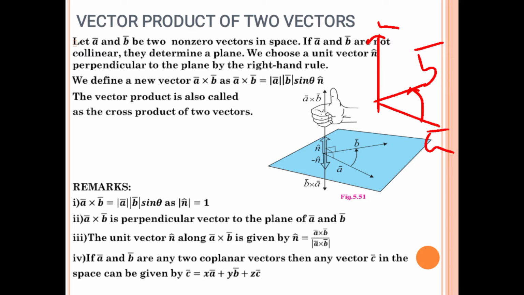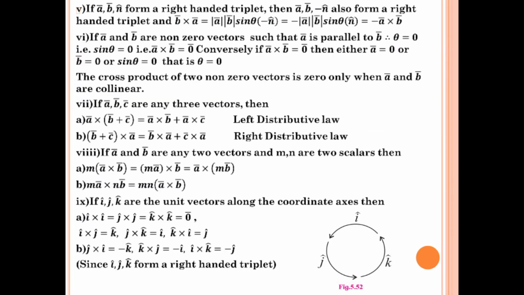If a vector and b vector are any two coplanar vectors, then any vector c in space can be given by c vector is equal to xa vector plus yb vector plus zc vector. If a vector, b vector, n cap form a right-handed triplet, then a vector, b vector, minus n vector also form a right-handed triplet.